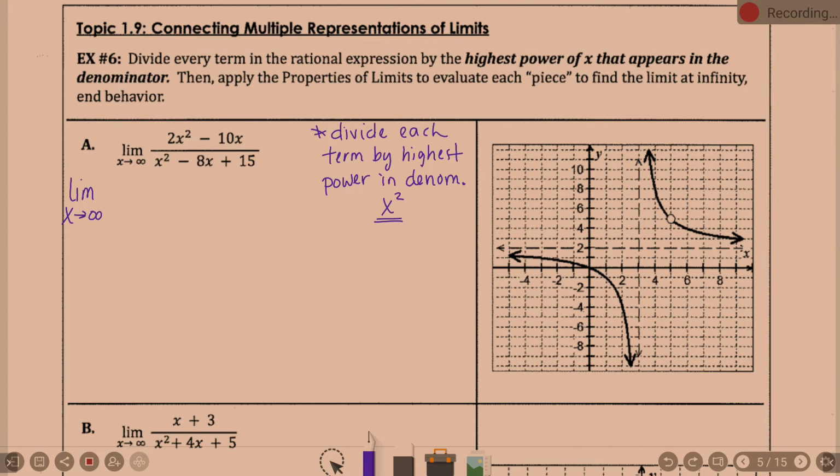And I'm going to write it out the long way. So we're going to do 2x squared divided by x squared minus 10x divided by x squared, over x squared divided by x squared minus 8x divided by x squared plus 15 divided by x squared.